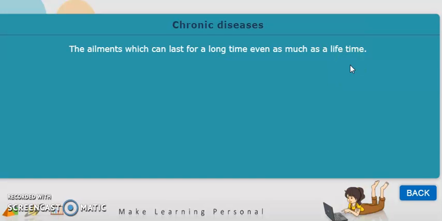Certain diseases last for a very long period of time, and can even last a lifetime and cause death. These diseases have a very drastic long-term effect on people's health. For example, arthritis, kidney disease, HIV, heart disease, AIDS.